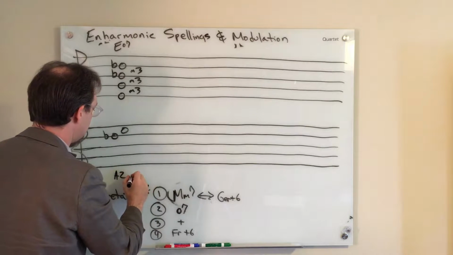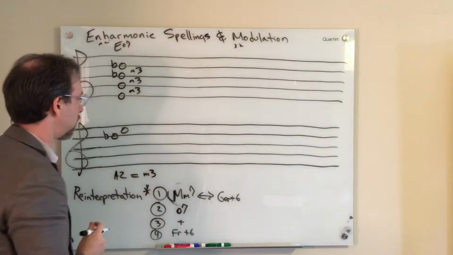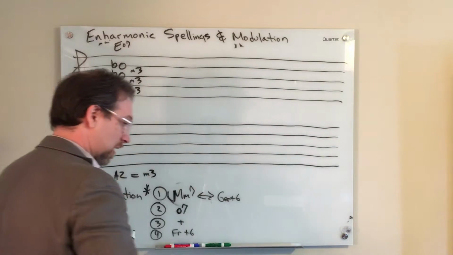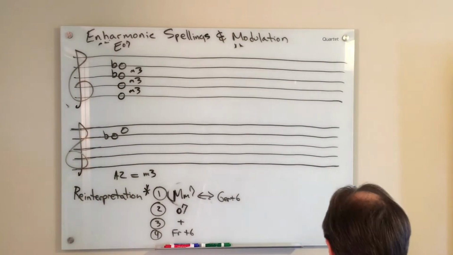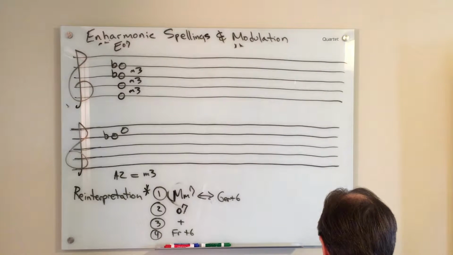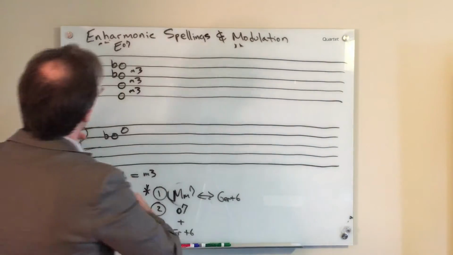And augmented seconds are enharmonically the same as minor thirds, right? So when we're dealing with a diminished 7 chord, we can go all minor thirds, keep going, just straight up, all minor thirds.